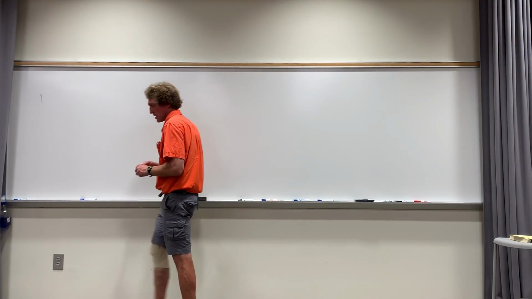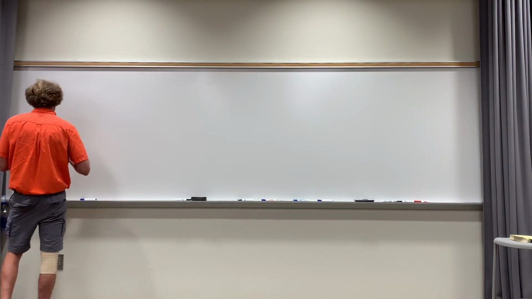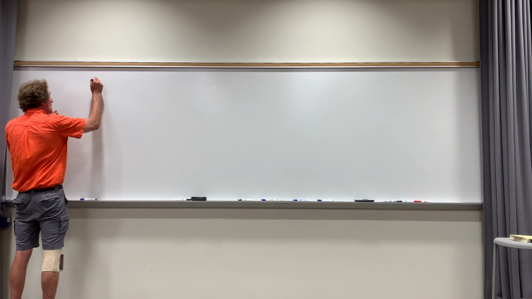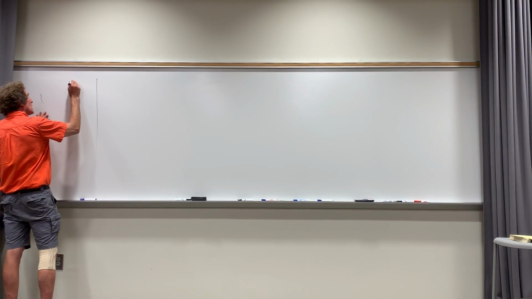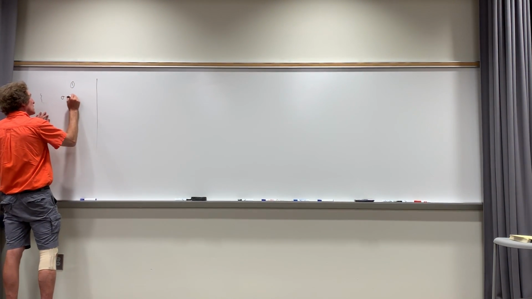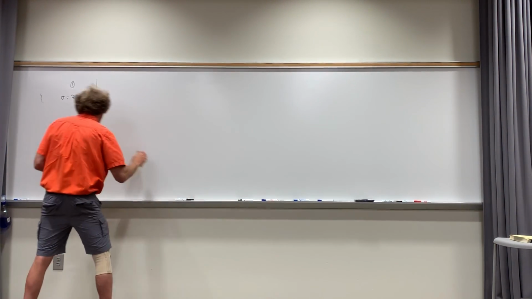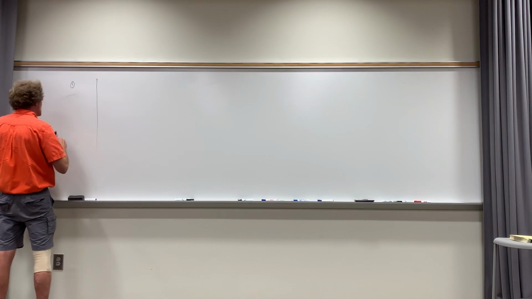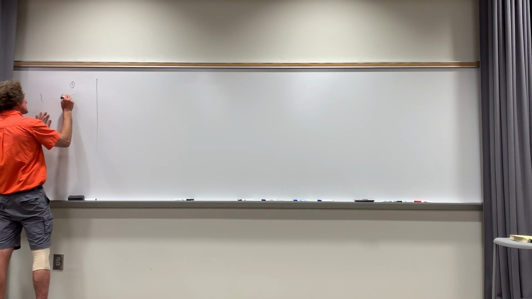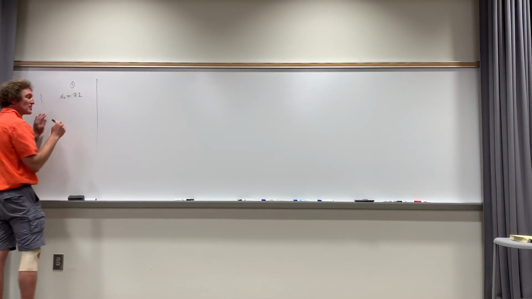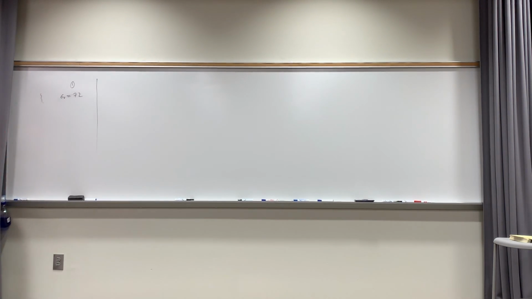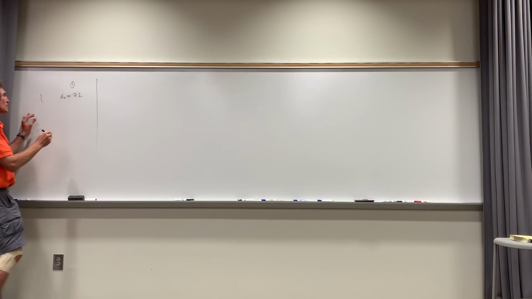It says region 1 with z less than 0 has constitutive properties epsilon equal to 72. Epsilon relative, 72. Sigma equal to 5,000.